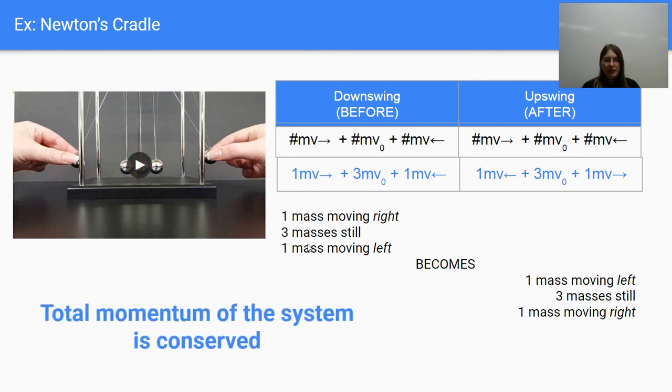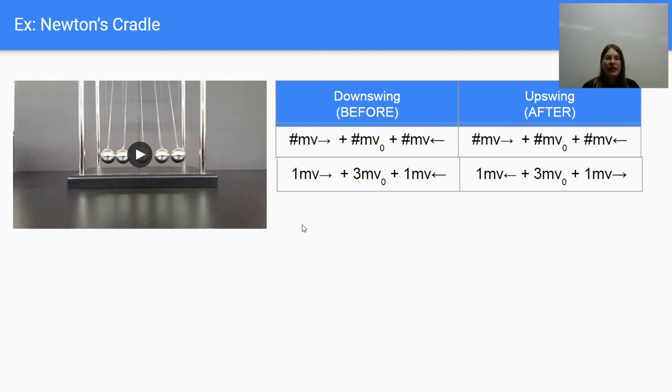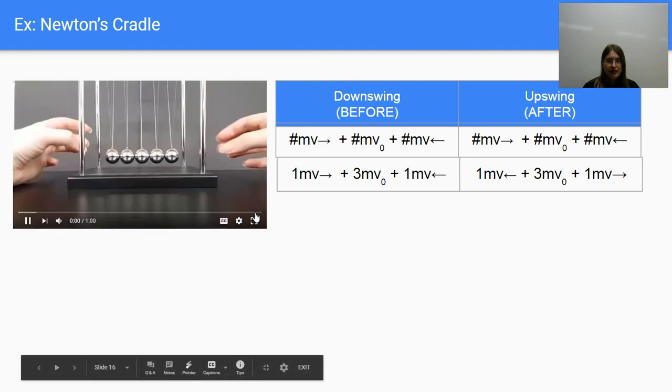Okay, so the total momentum is conserved. There is one more possibility, and that's 2 and 1 and 2. So why not? What is the annotation going to look like? Can you tell me what the annotation is going to look like? 2 and 1 and 2.